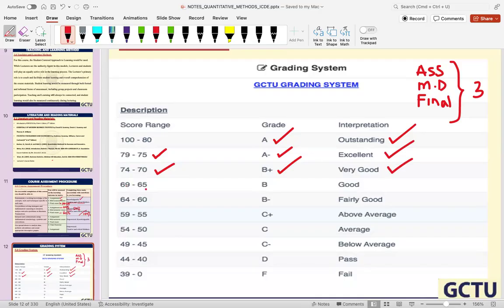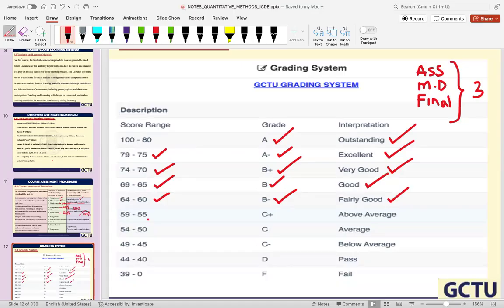Between 69 and 65, that is grade B, and that is a good performance. Between 64 to 60, you have B minus, and that earns you a fairly good performance.